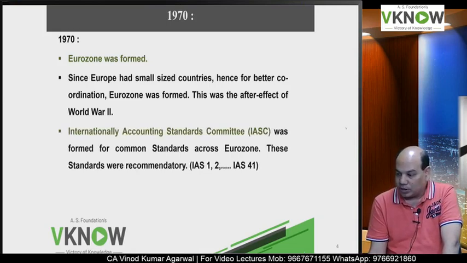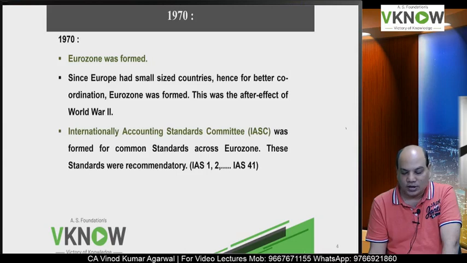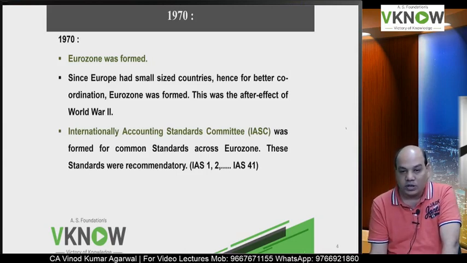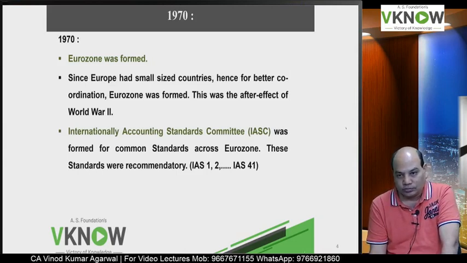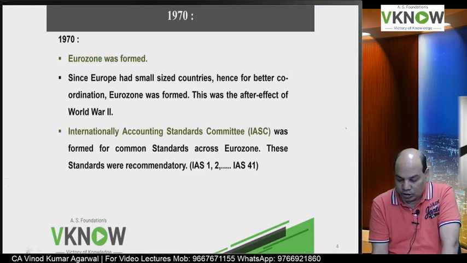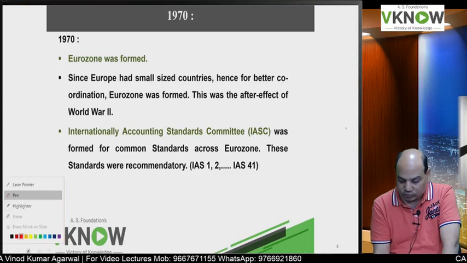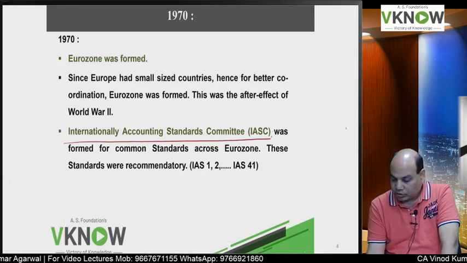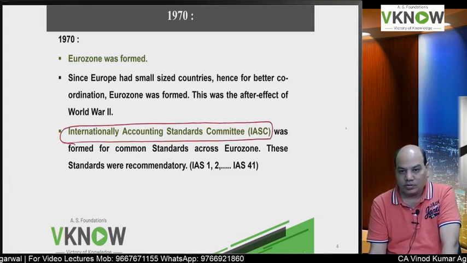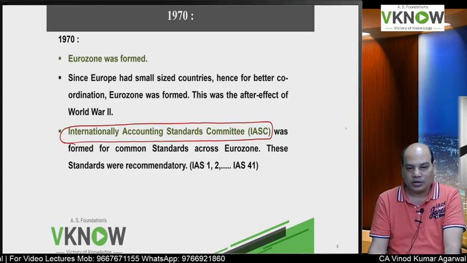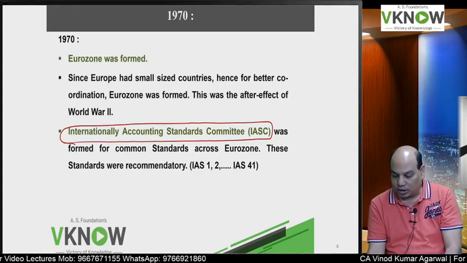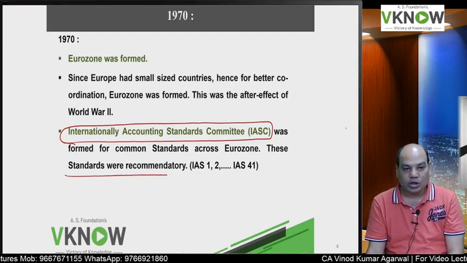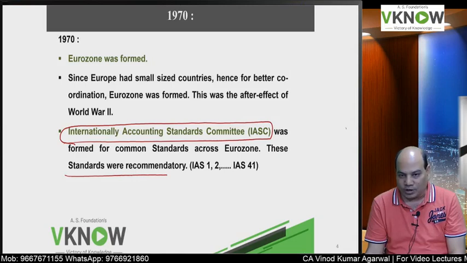Then they formed a committee called IASC, International Accounting Standard Committee, for a common standard across Eurozone. This was the old name of IASB. We will see what IASB is also. First the name was IASC, then they changed it to IASB, and they started issuing standards which were recommendatory, because you can't force standards on different countries.